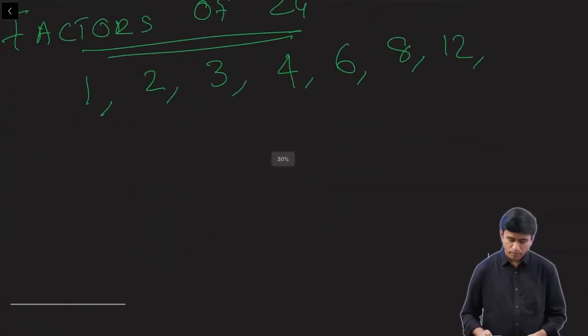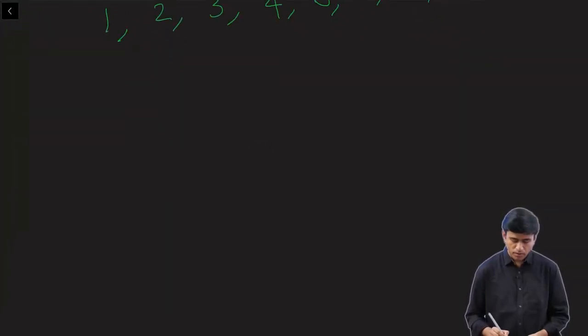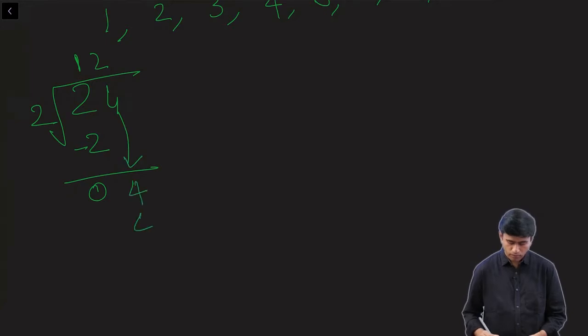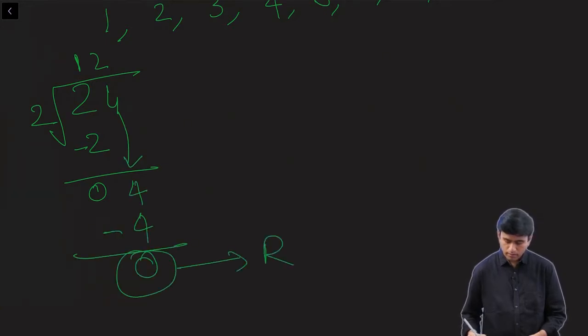So when you divide 24 by 2, we get 2 ones are 2, 0, 2 twos are 4, 0. So you get the remainder as 0.